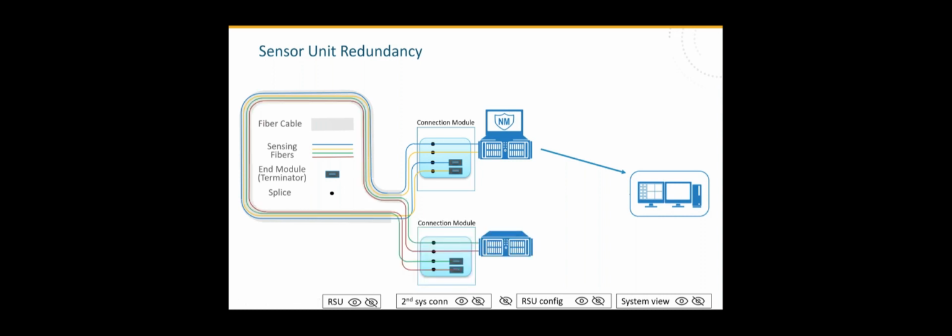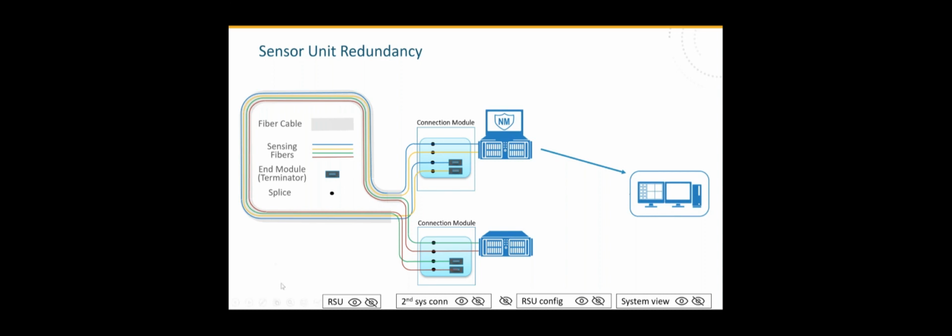Now, when you have a redundant sensor unit, you don't need really extra cables on the fence, because there's almost always extra fibers that you can use to put the redundant system in place. You could theoretically imagine having a separate cable for the redundant system, but it actually does you very little good, because in most scenarios where you can imagine a cable being cut, if one cable gets cut, the second one's going to get cut.